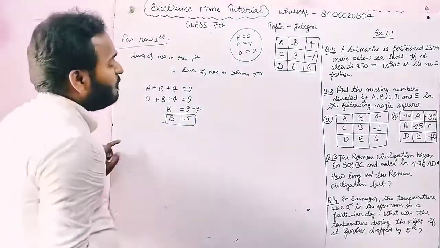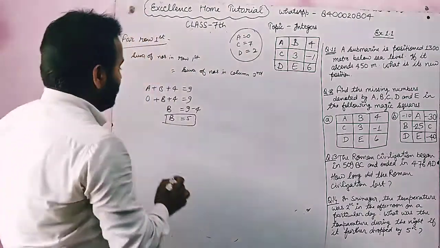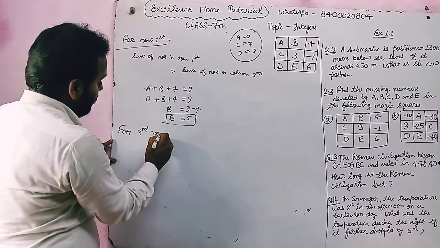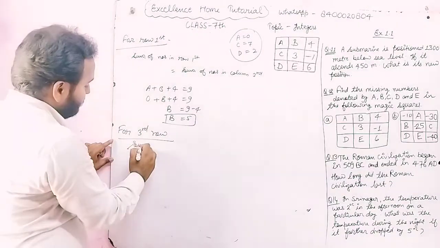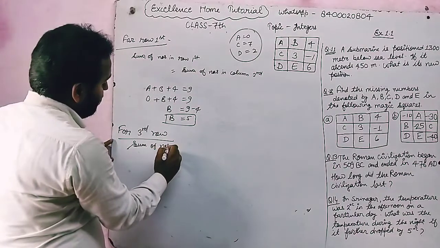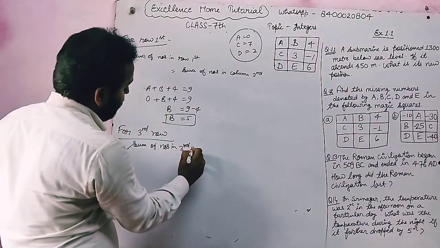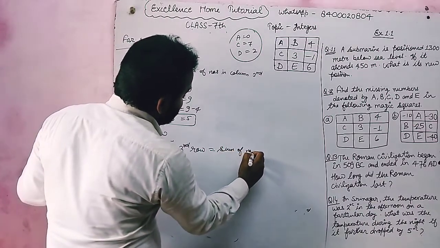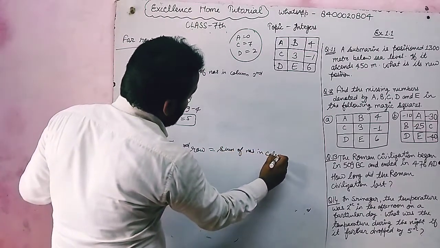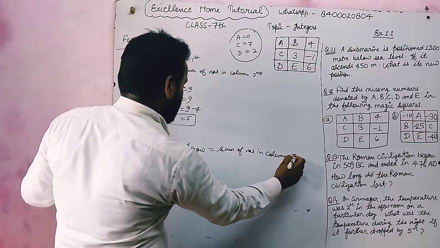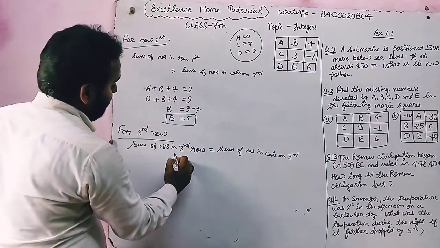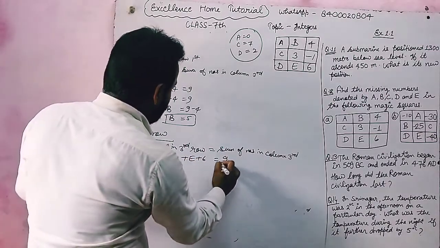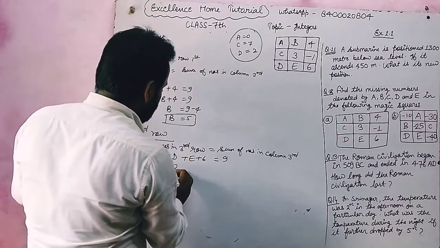After that we have to find out the value of E. So for third row, the sum of numbers in third row equals the sum of numbers in column third, that is D plus E plus 6 equals 9, where D is 2.